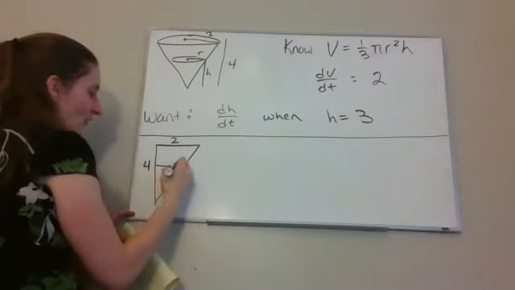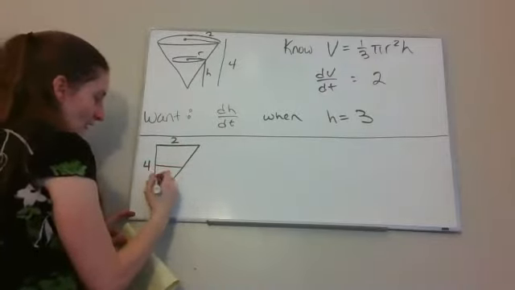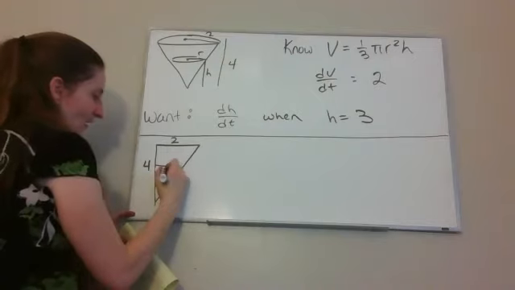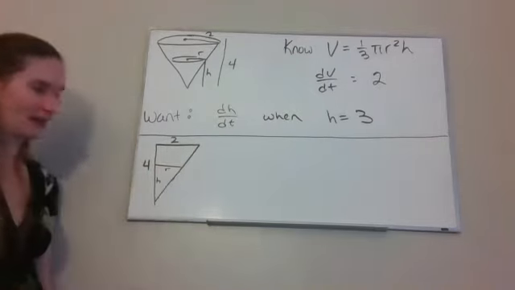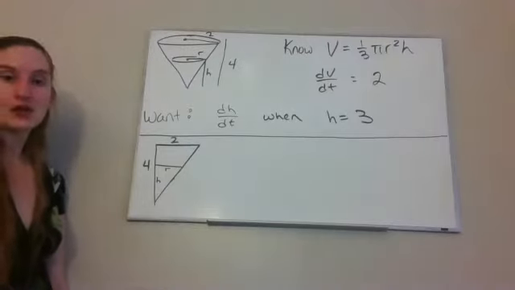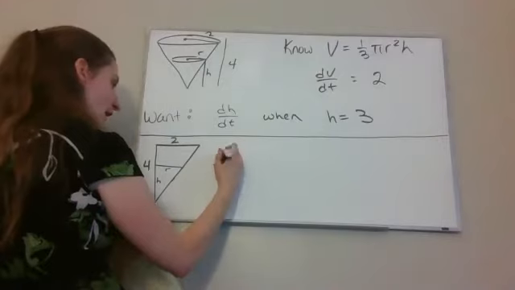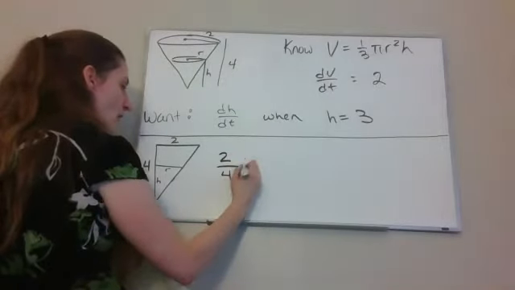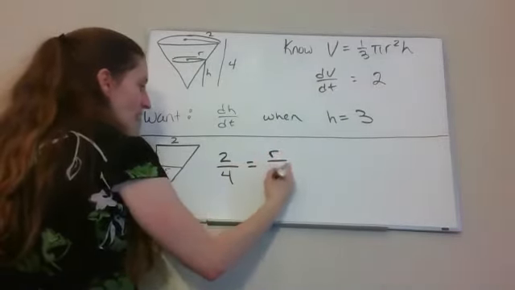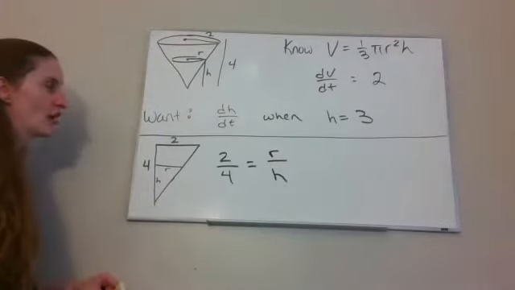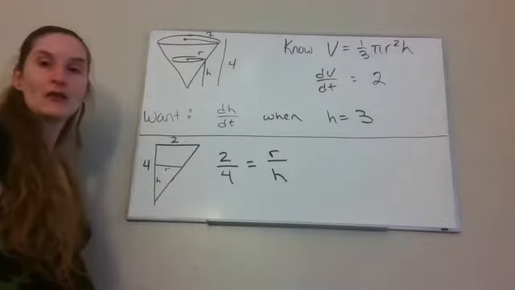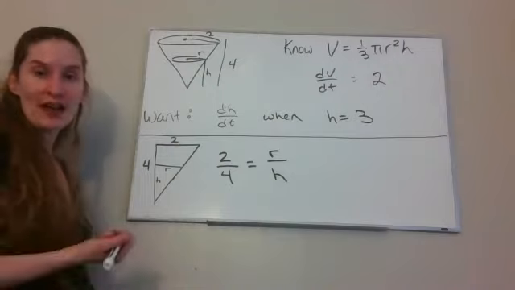And then I have another triangle in here that has a height and a radius like that. We have similar triangles. Using geometry of similar triangles, I know the ratio 2/4 has to equal my ratio of r over h. And this means that I can solve for r in terms of h.